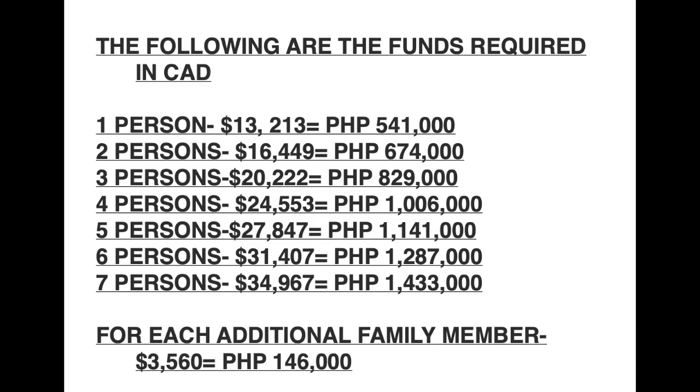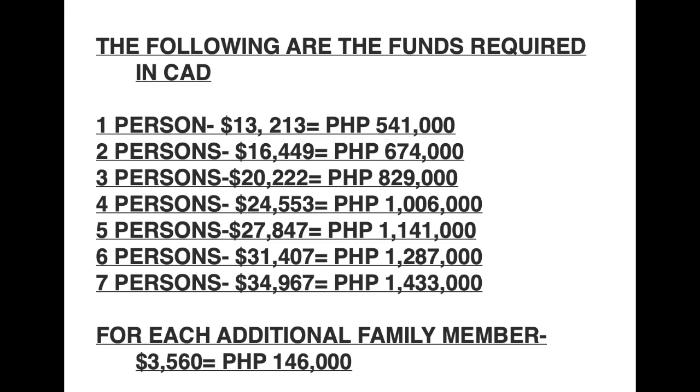For instance, if there is only one person migrating to Canada, the funds required is 13,213. For 2 people, it is 16,449. For 3, it is 20,222. And for 4 people, it's 24,553.